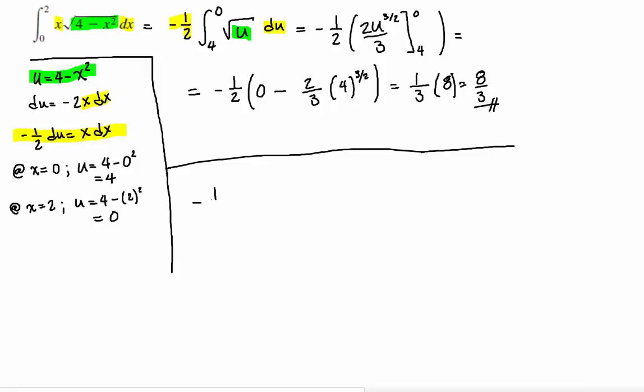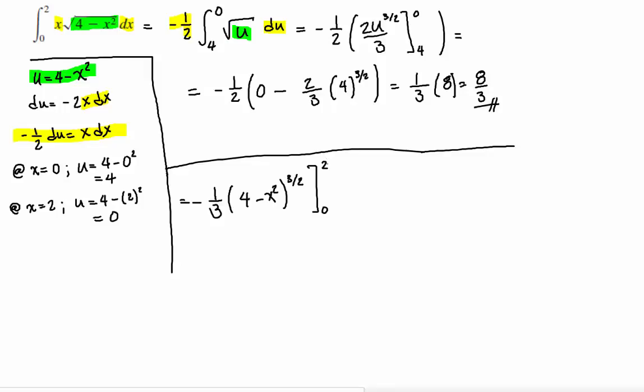So they get negative 1/3, and then instead of u, they write their 4 minus x squared to the 3/2, and then they evaluate it at the original endpoints. So you can do that. You can calculate the antiderivative, ignoring your endpoints completely, then you take back your substitution and you use the original endpoints. So you have to be very mindful.